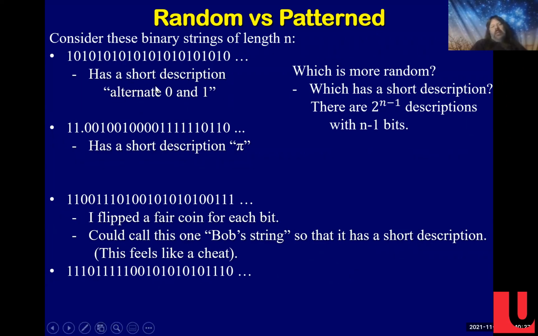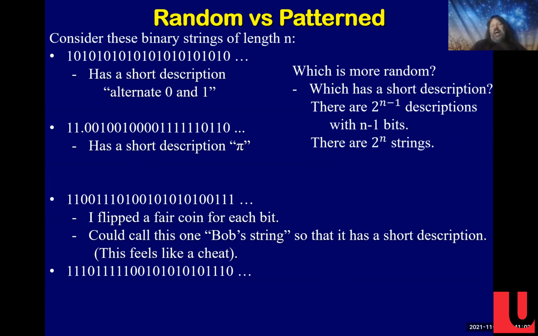So how many descriptions are there that are only n-1 bits long? Well, how many strings of 0s and 1s are there that have n-1 bits? 2 to the n-1. Everybody knows that, because there are 2 choices for the first bit and the second bit and the third bit. That's how many descriptions there are that have this length.